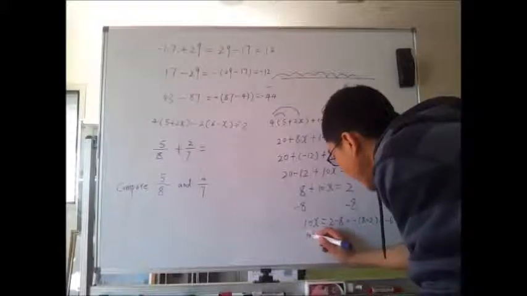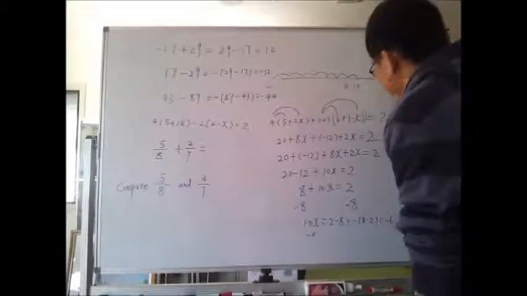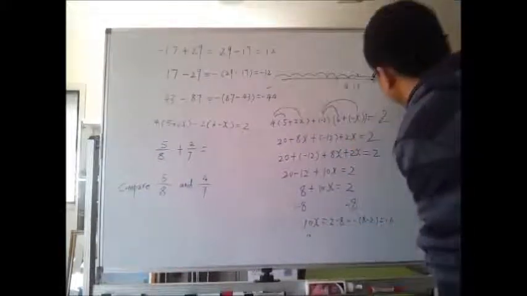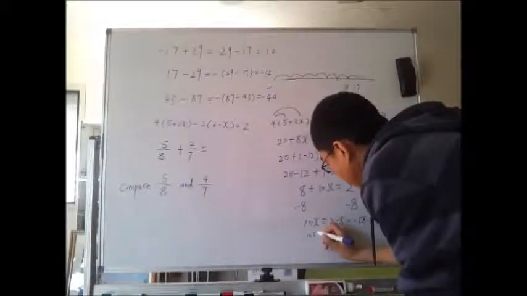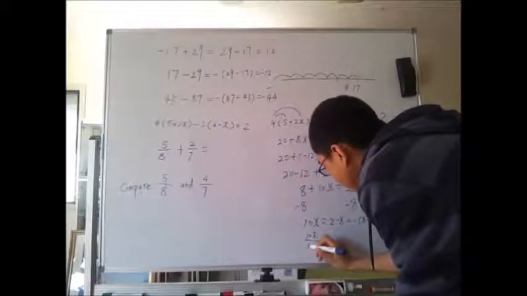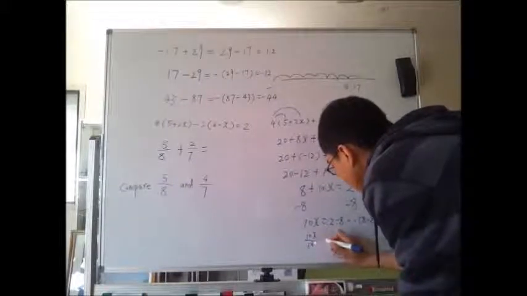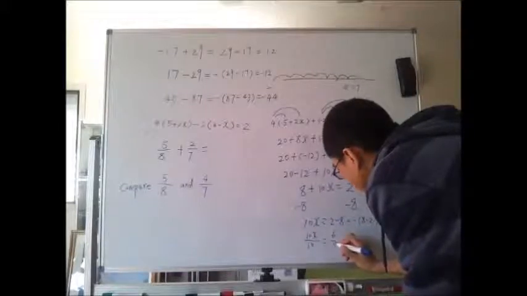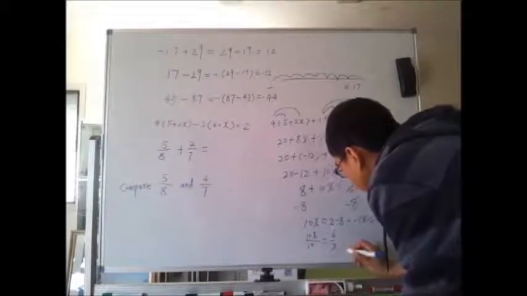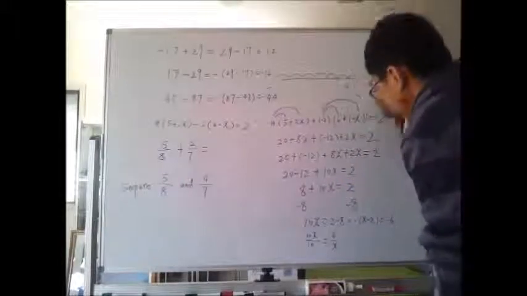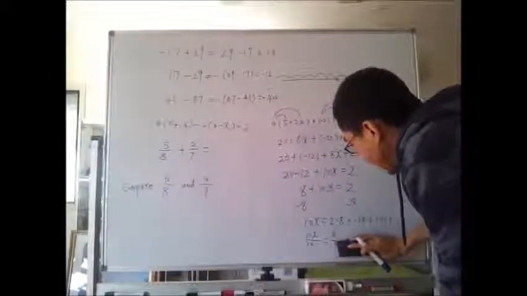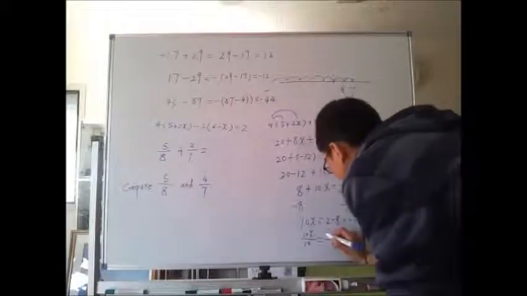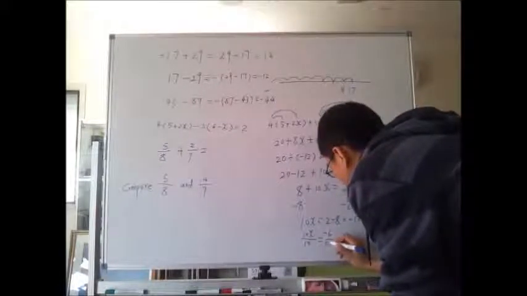So we have 10x divided by 10 equals negative 6 divided by 10. Negative 6 divided by 10.